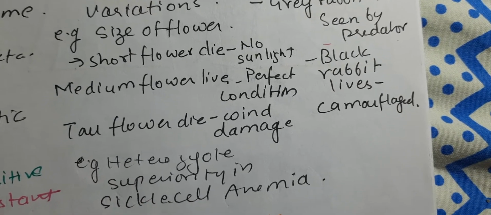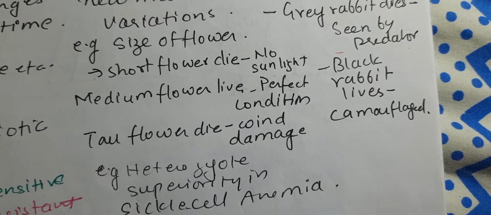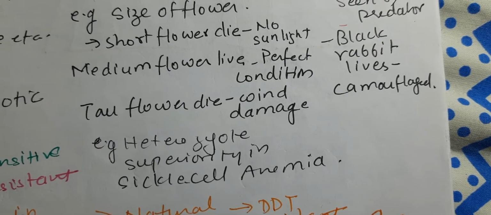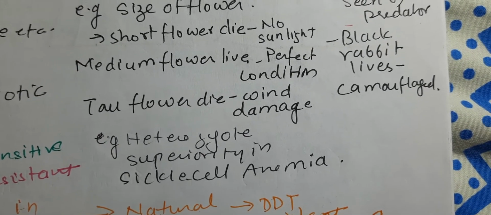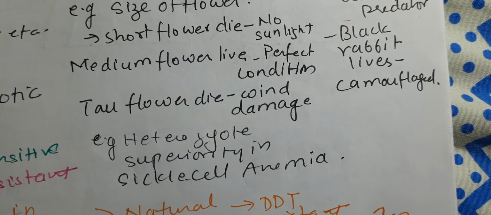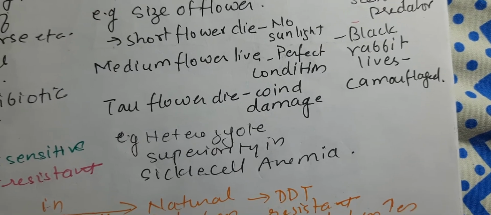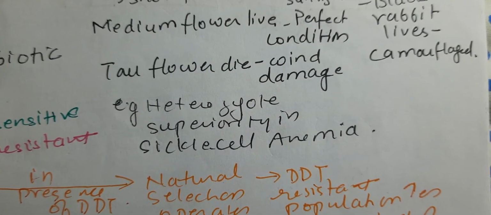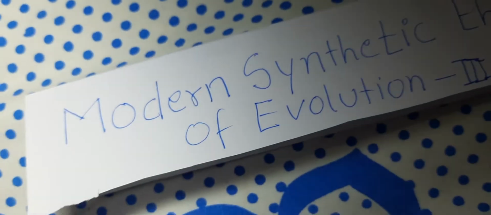Medium flowers live, perfect condition. Tall flowers die, wind damages. So the average phenotype is favored, which can survive in moderate sunlight and in a little wind. Heterozygote superiority, for example in sickle cell anemia, is an example of stabilizing selection.